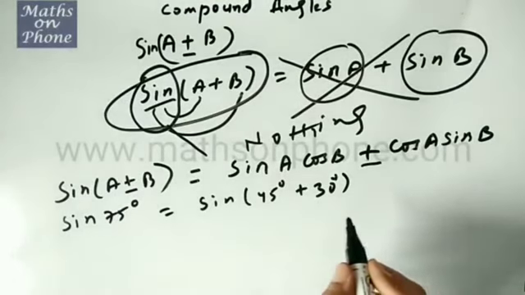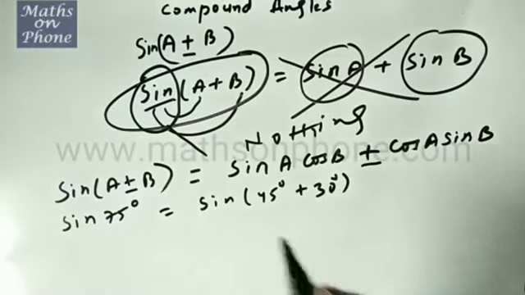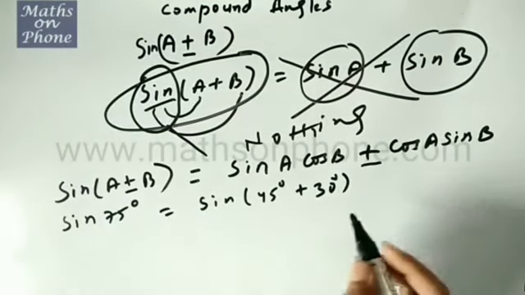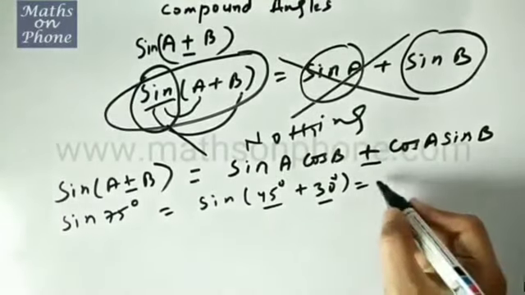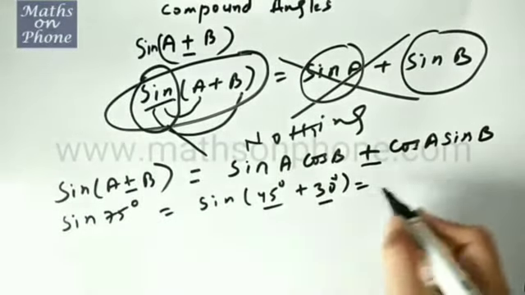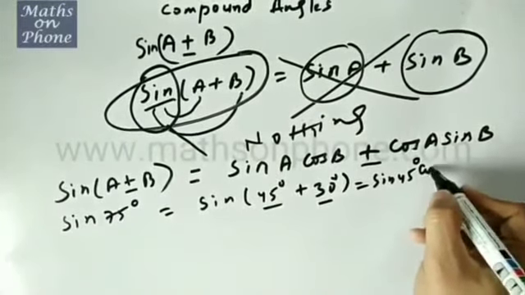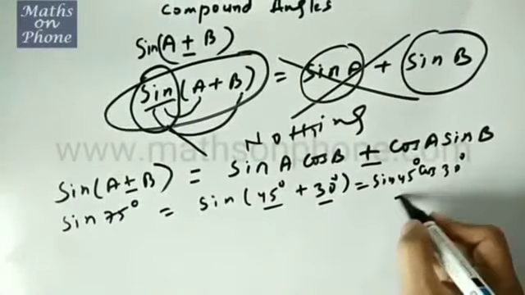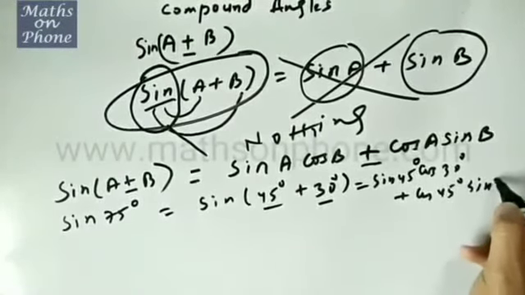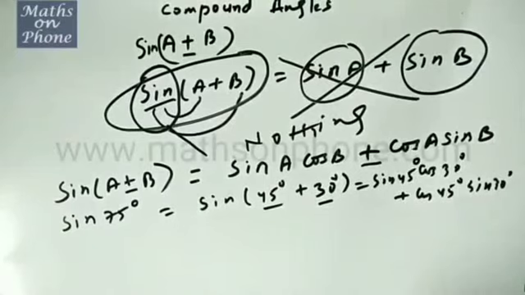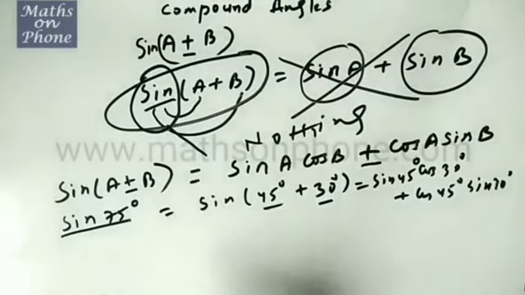We don't know any value in between, so we have to use the known things to get the unknown one. 45 and 30 are known, so we can write sin 45 cos 30 plus cos 45 sin 30. Very easily we can put the values and we will get the value of sin 75 degree.